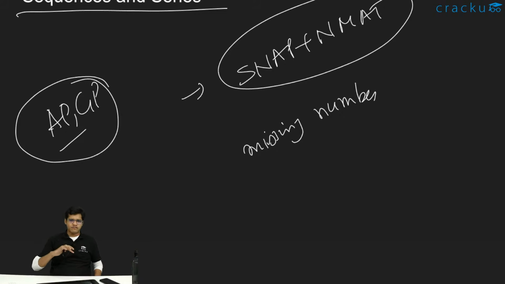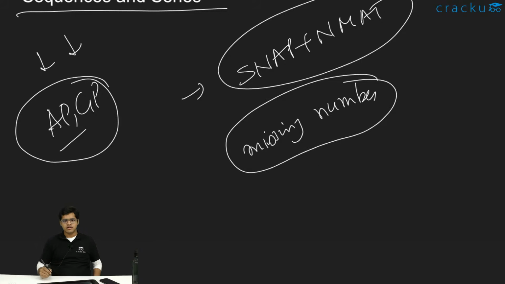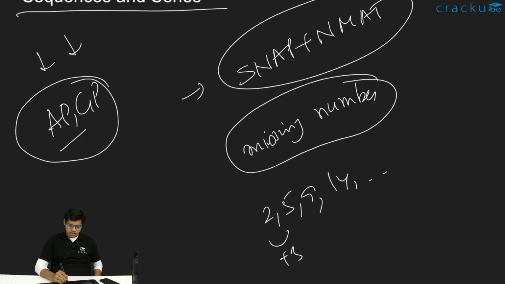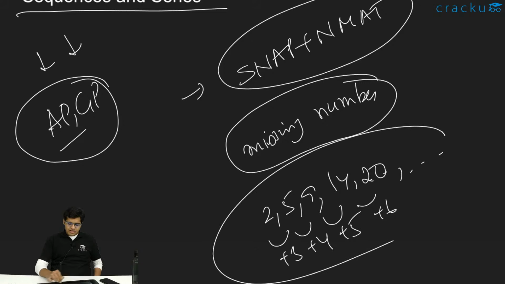I mean, we can find a series involving these concepts, but the general idea is to find the missing number. Say we are given 2, 5, 9, 14, like this it goes. You can say this is plus 3, plus 4, plus 5, right? So the next number will be what? Plus 6. 14 plus 6 is 20. So like this kind of questions you will get.